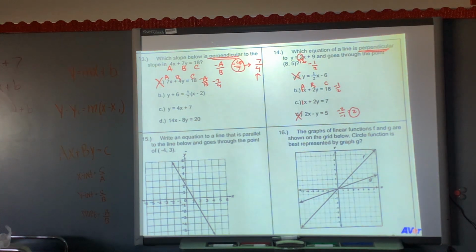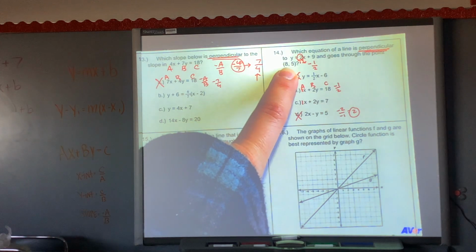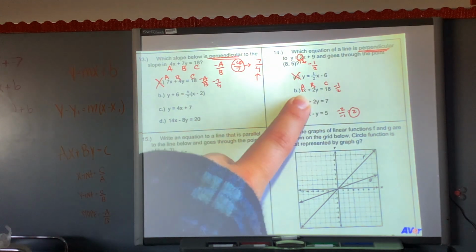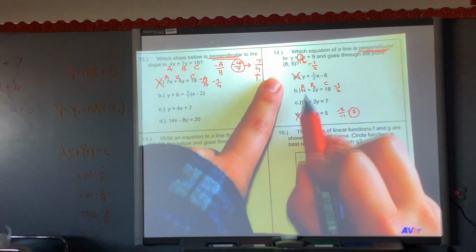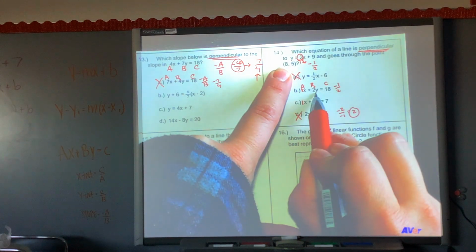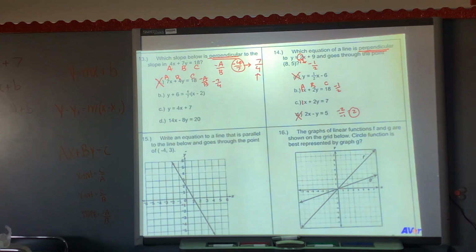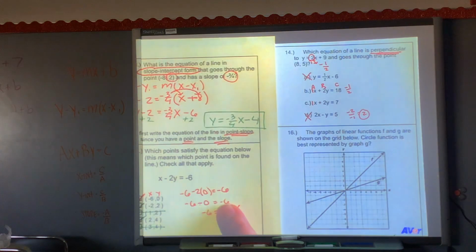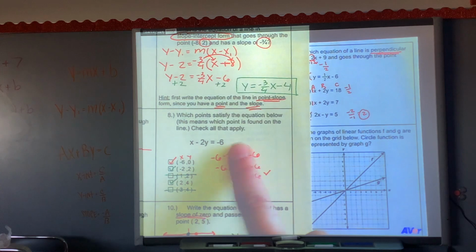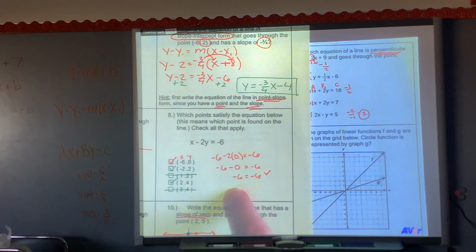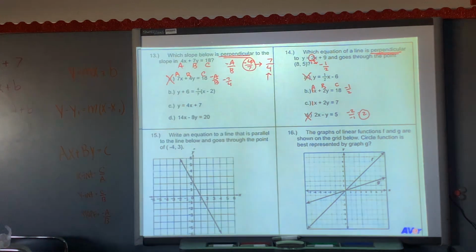But my best bet would be plugging the 8, 5 into the equations, as in the x is 8, the 5 is the y. So plug them in, see which one works. Kind of like we did on the question that looked like this on the last page. We were plugging those x and y values into the equation to see which one is correct.